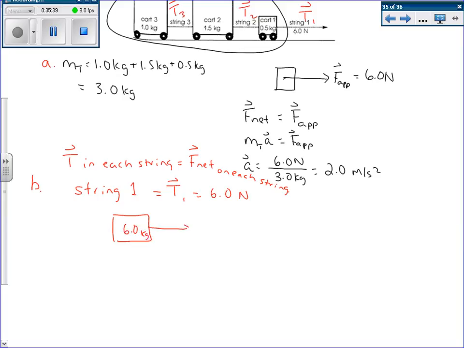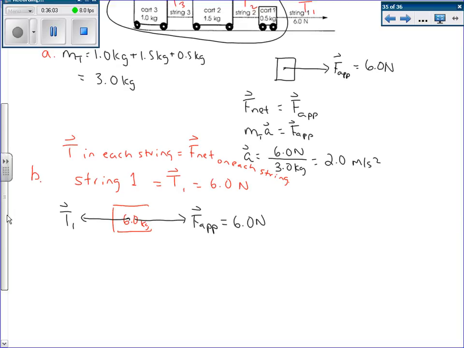Actually, I should do this the other way. The tension is what it's pulling backwards, and forwards was the applied force. You're pulling on that one with the 6 newtons, so the tension in string 1 has to be equal to the 6 newtons.